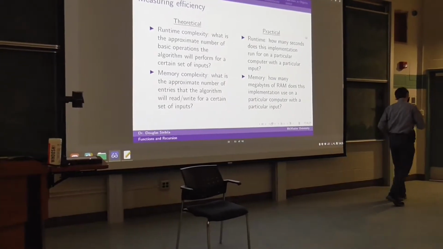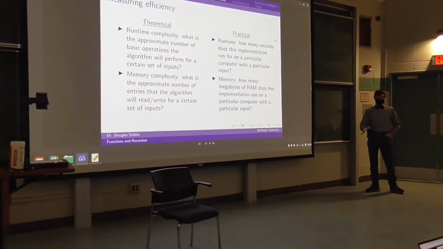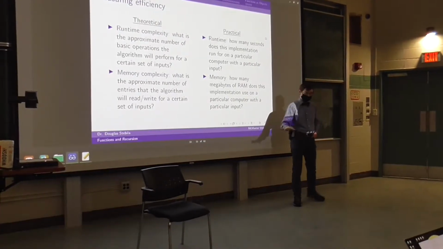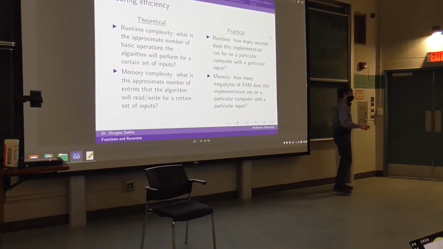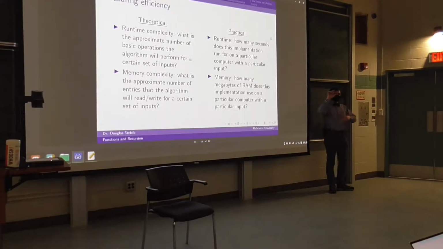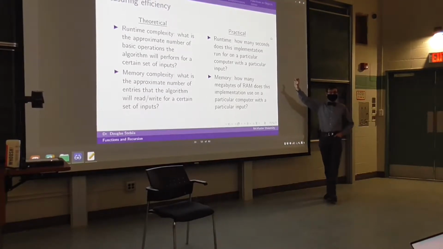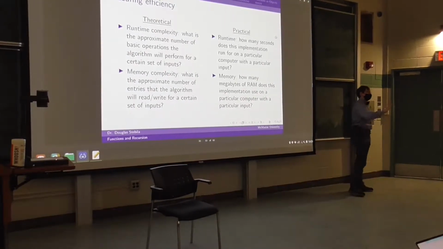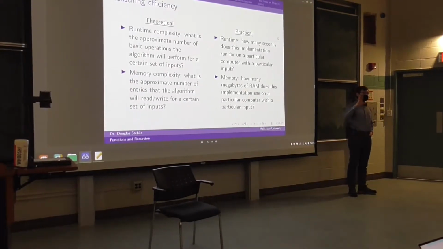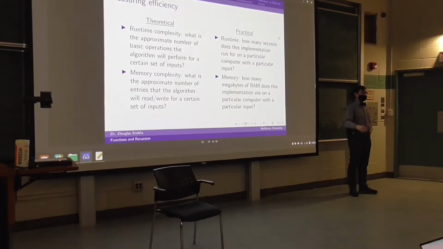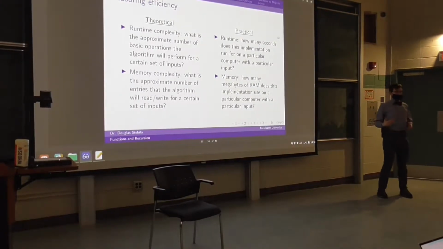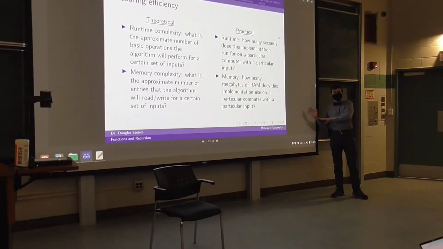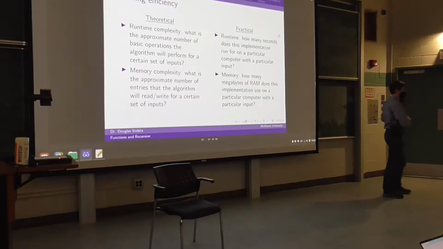Regardless of how fast your processor is or how much memory it has, in general, the amount of time it takes an algorithm to process inputs has some mathematical relation to the size of those inputs. Now, size may vary. It's one thing in some contexts, and other things in other contexts.